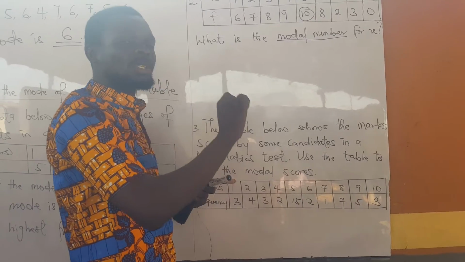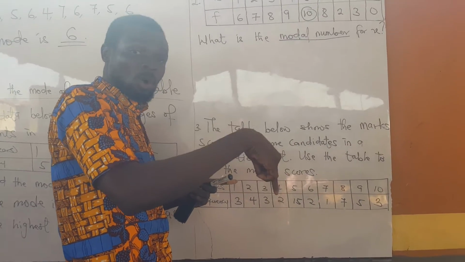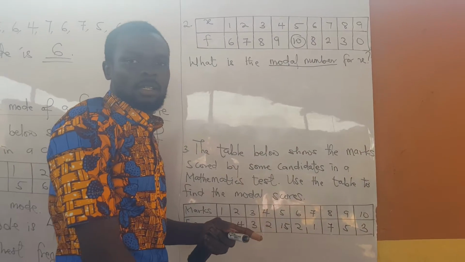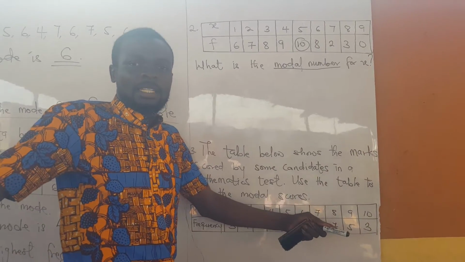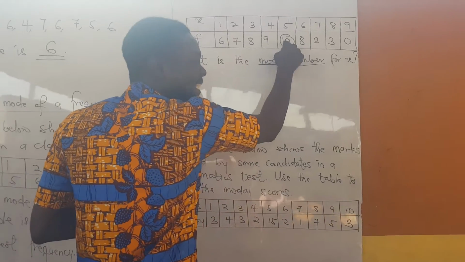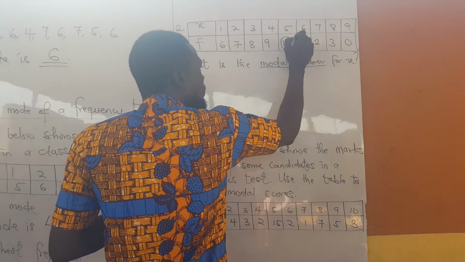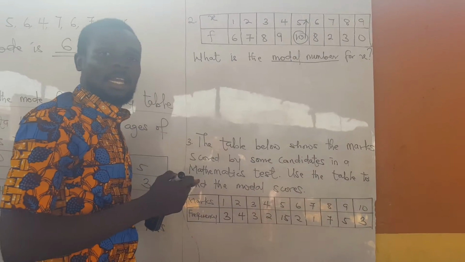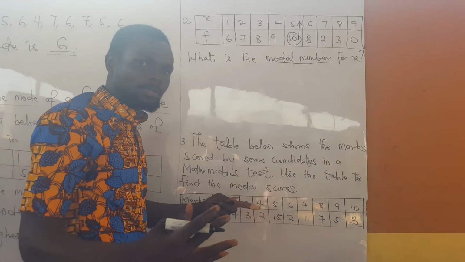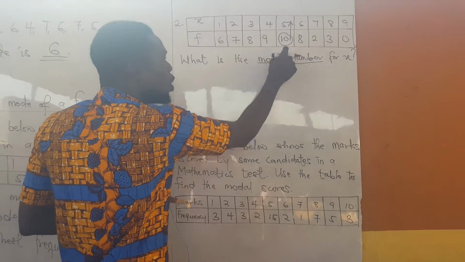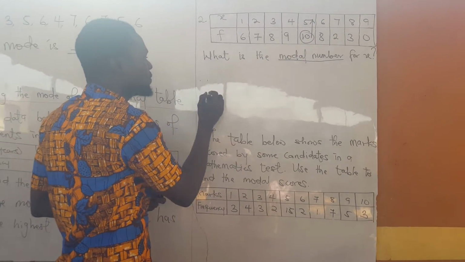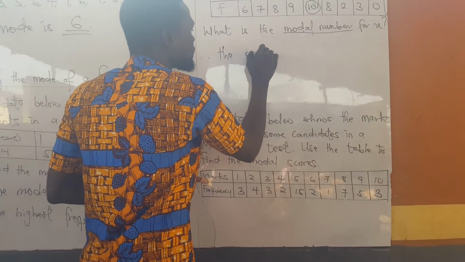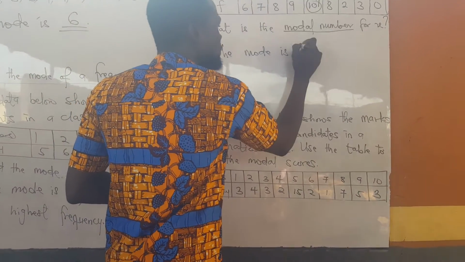Now we are not going to say 10 is the mode, because this 10 is the frequency, which is the number of students. So we are going to link this 10 to its corresponding value, and its corresponding value is 5. So we can say that the mode for this table is 5.